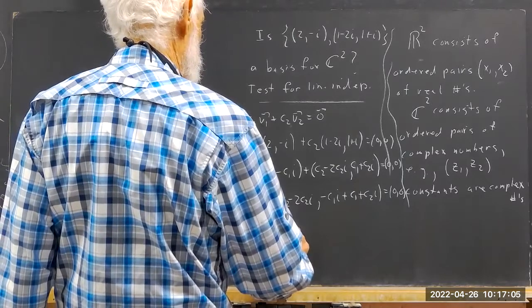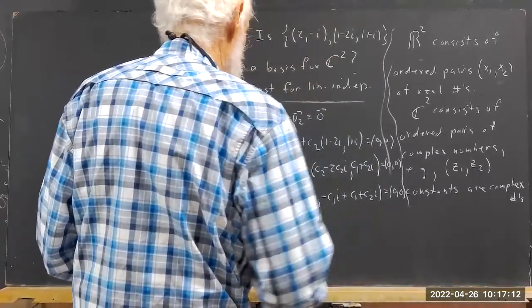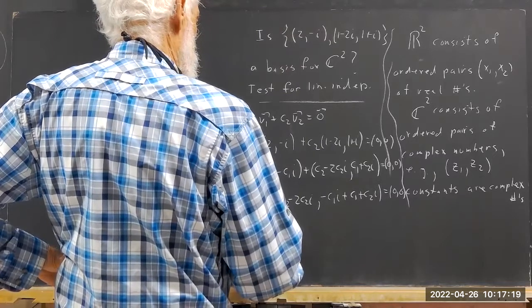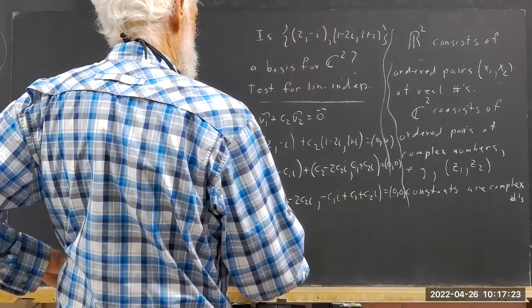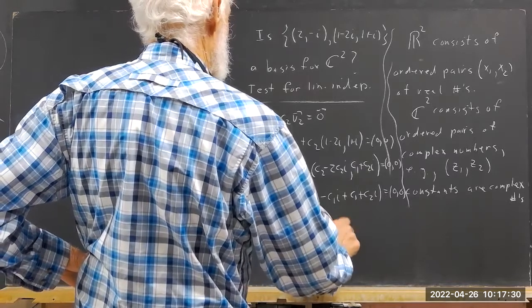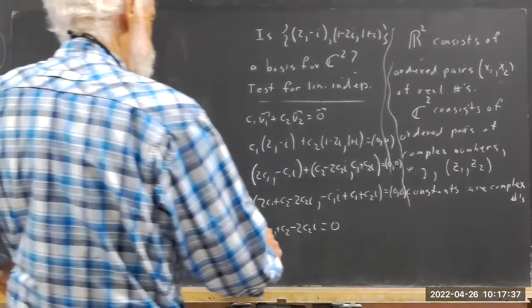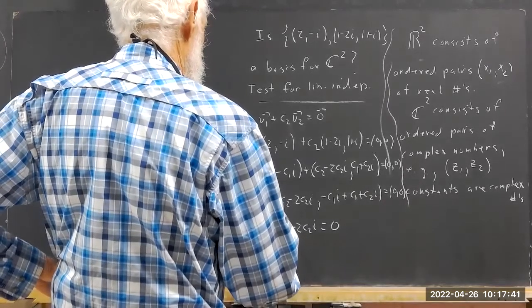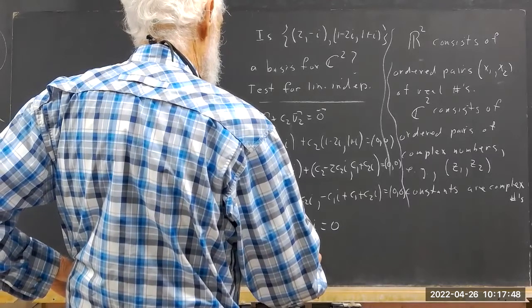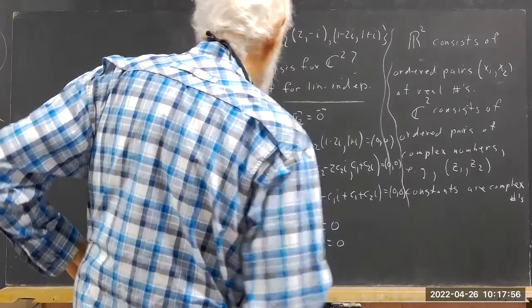Equations are two C1 plus C2 minus 2C1I has to equal 0. And C1 plus C2 minus C1 I equals 0.